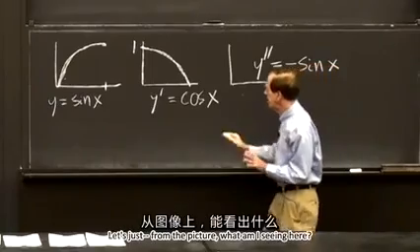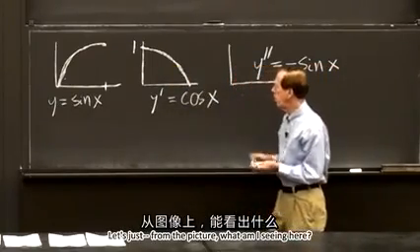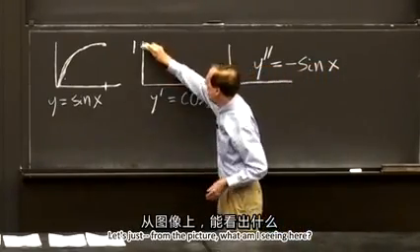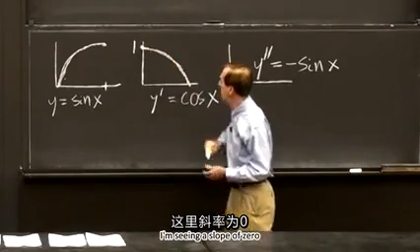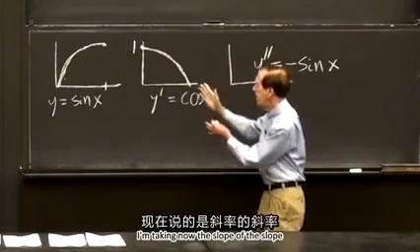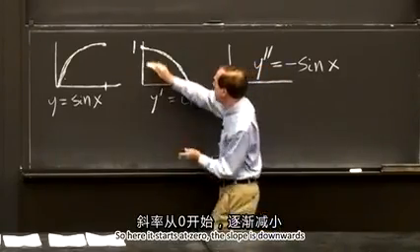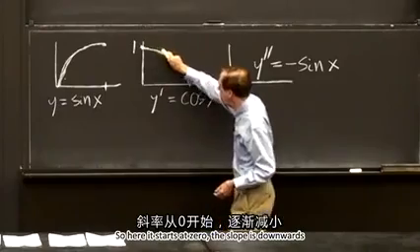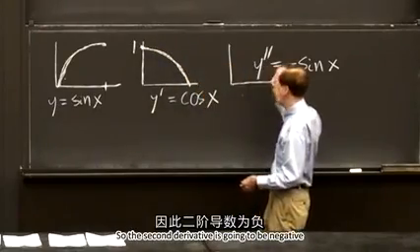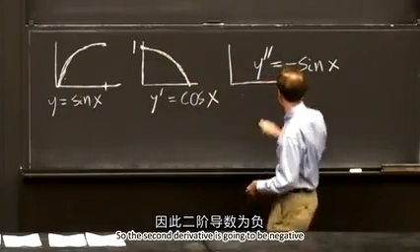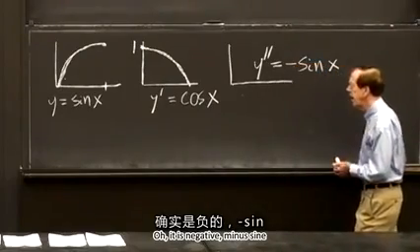Okay, let's just, from the picture, what am I seeing here? I'm seeing a slope of 0. I'm taking now the slope of the slope. So here it starts at 0. The slope is downwards. So the second derivative is going to be negative. Oh, and it is negative. Minus sine x.